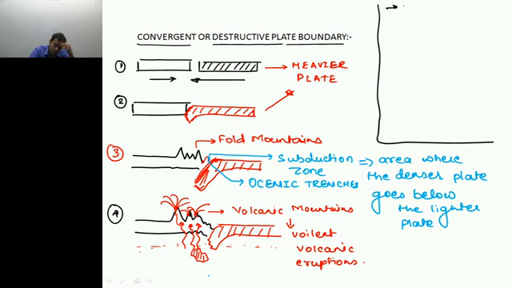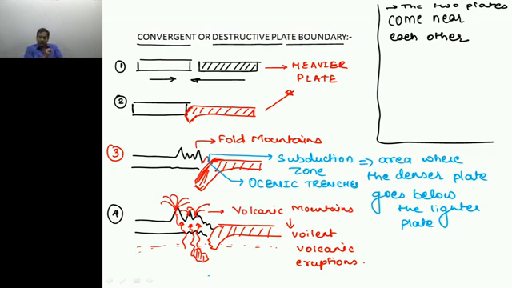In this kind of plate boundary, the two plates come near each other. Because they come near each other, there is a collision.